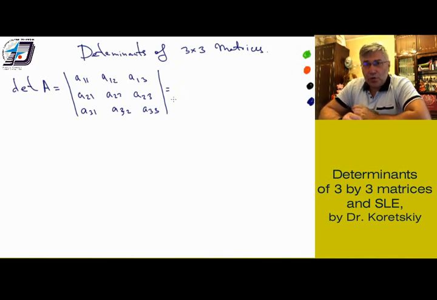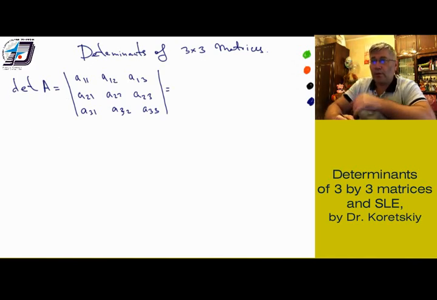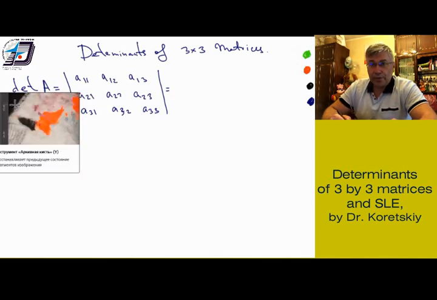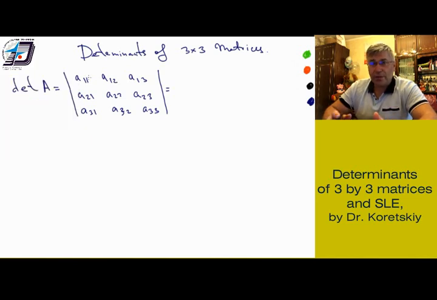Okay, the first step here is to define the sign of the terms of the determinant. By the way, the number of terms here is 3 by 3, that is 3 factorial. This is a property of the determinants.